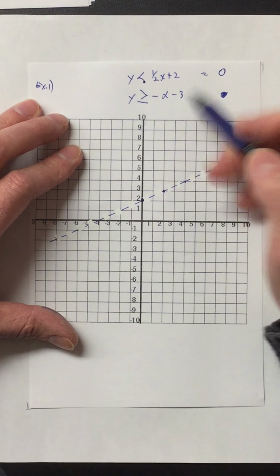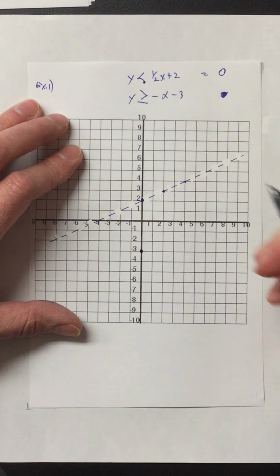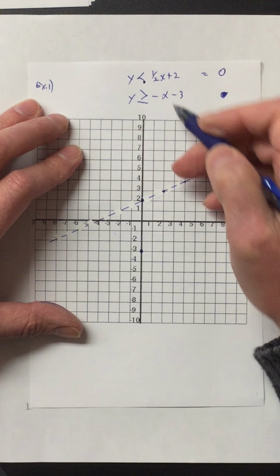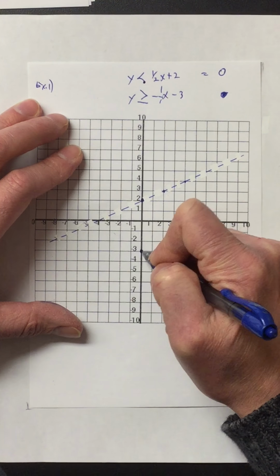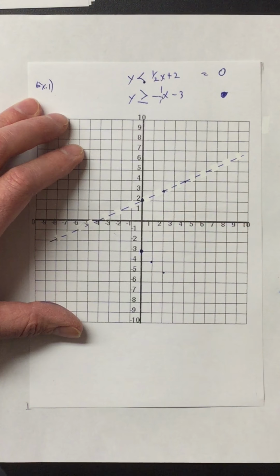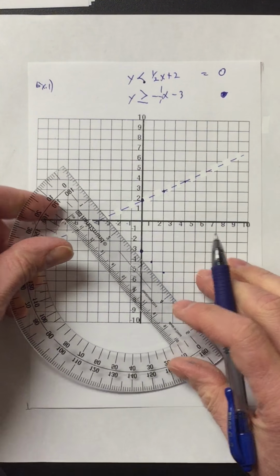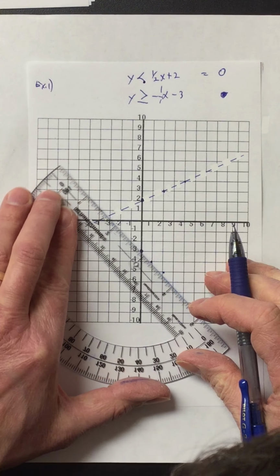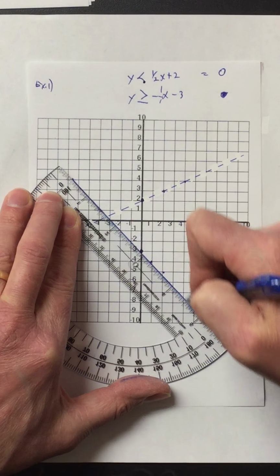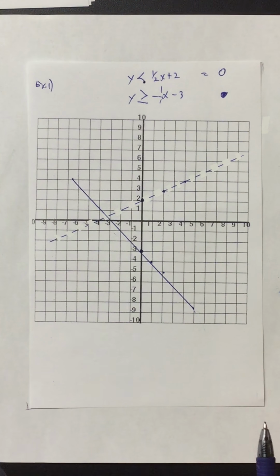My second line here has an intercept of -3. It has a negative slope, so down 1 over 1, down 1 over 1. And it does have the equal sign, so I am correct to put a solid line here. Now my next question is, what part do I shade?